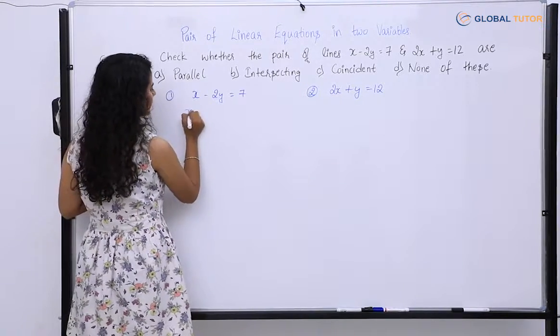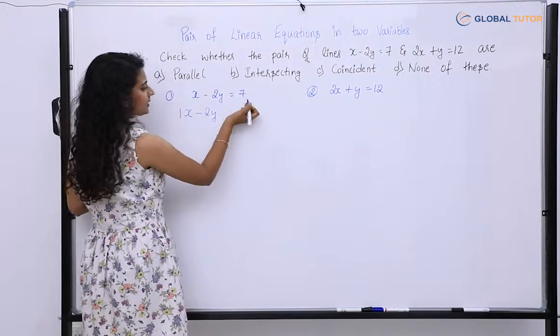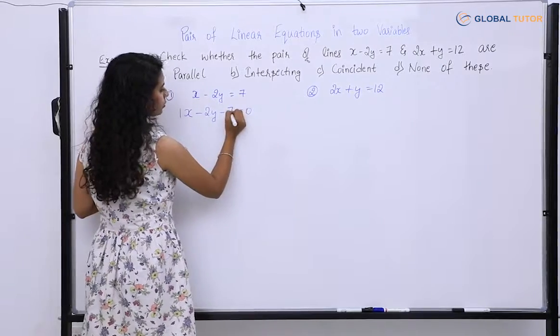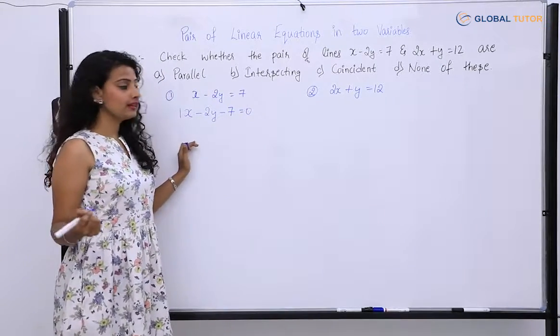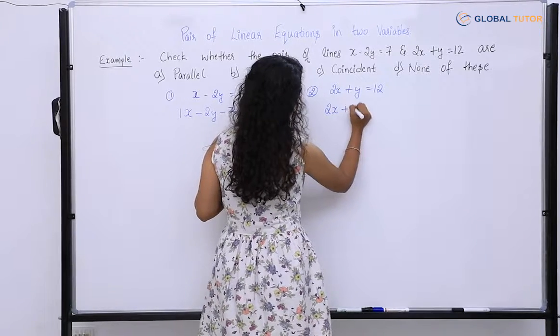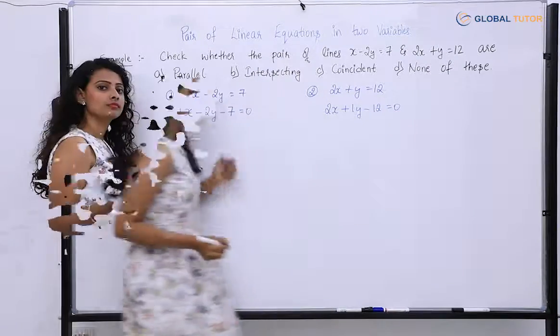We can write this as 1x minus 2y. Let us shift 7 this side. This becomes minus 7 which is equal to 0. Similarly, if we write the second equation, it will be 2x plus 1y minus 12 is equal to 0.